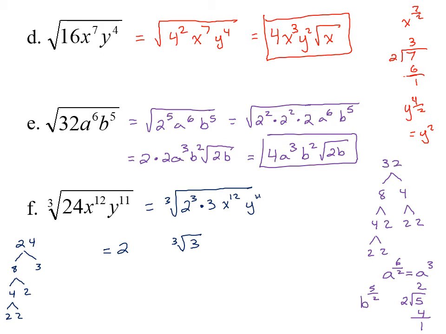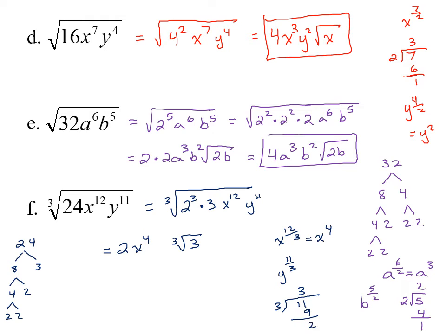As far as the variables, the x to the 12th divided by 3, that divides evenly. That's just x to the 4th. So I can pull that out in front. The y to the 11 over 3 does not divide evenly. So if you divided 11 by 3, that will go in 3 times. 3 times 3 is 9.